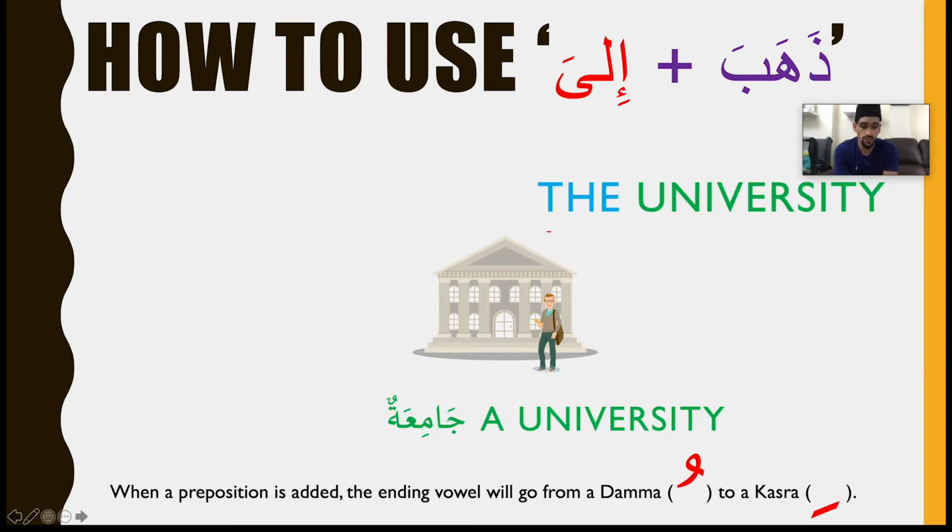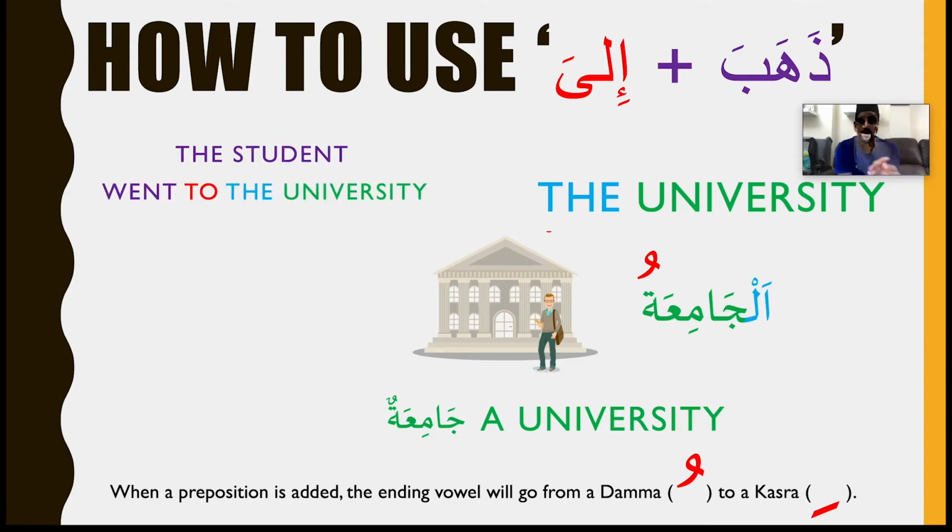The university follows the same rule as before: when you add alif lam, it becomes al-jami'atu. The tanween, the two dhammas just above the ta marbuta, becomes one dhamma, which is al-jami'atu. So now let's put it all together.